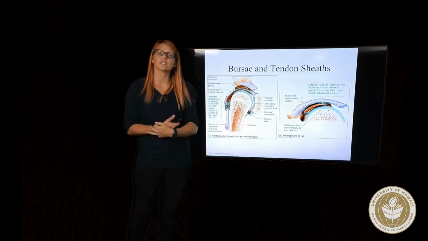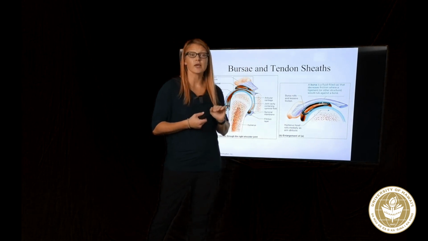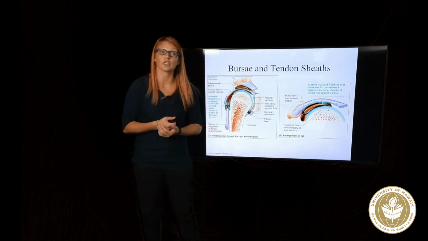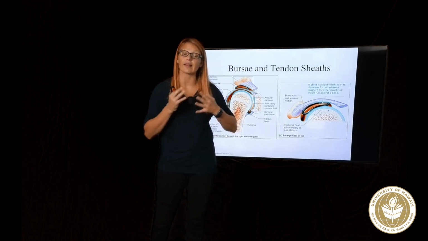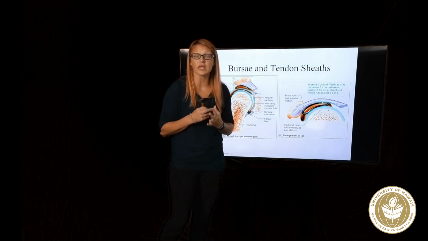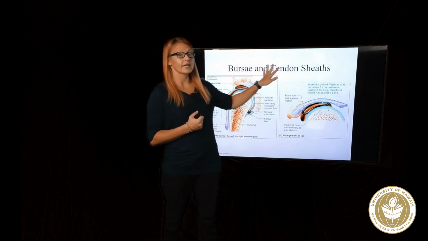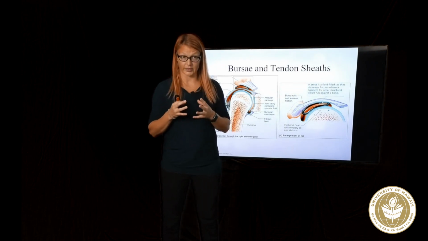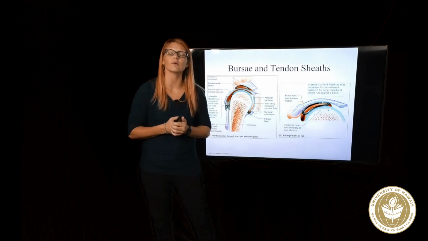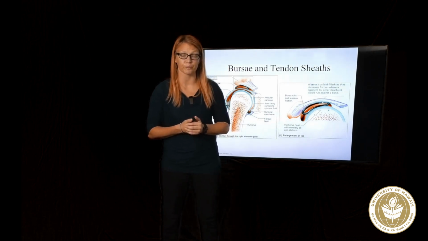So another thing that I want to mention are these bursae and tendon sheaths, because some of our synovial joints are going to have these. They're not strictly part of synovial joints, and they're not listed as one of those general features, but they can be associated with them. So these bursae and tendon sheaths are going to essentially function as ball bearings to reduce the friction between adjacent structures during joint activity.